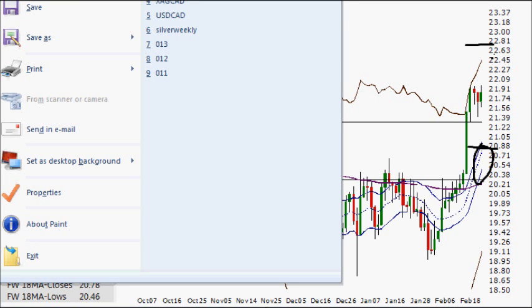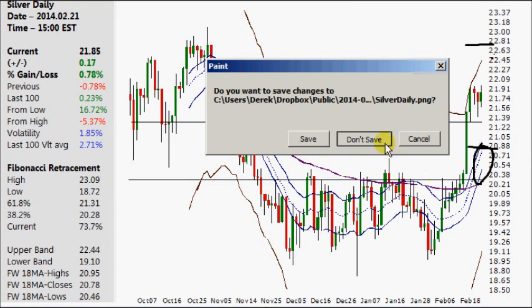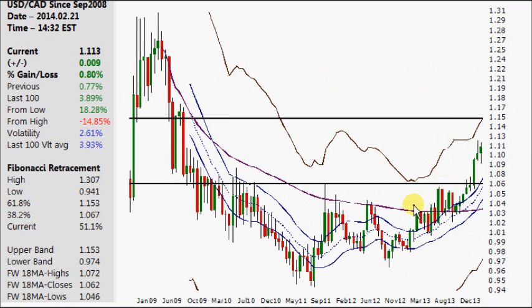But before we do, let's take a look at the US dollar, Canadian dollar, going back to September of 2008. Now this occurred when the whole market collapse was coming into play, which is what explains this massive volatility from the outset of this chart.